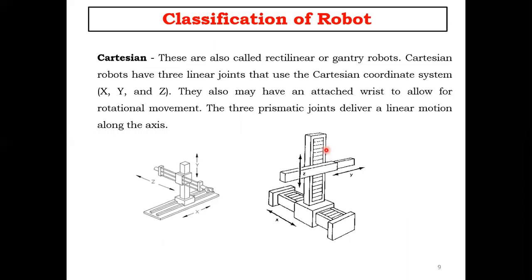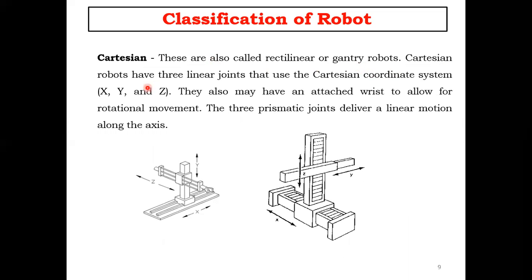Next, Cartesian. Cartesian robots are mostly used with conveyor belts, moving objects from one belt to another belt, like that they move the materials. These are also called rectangular or gantry robots.